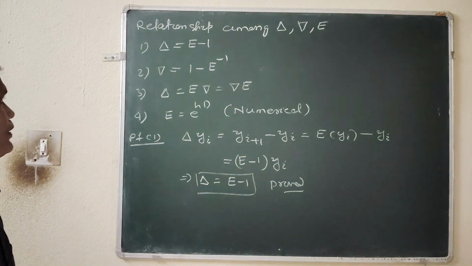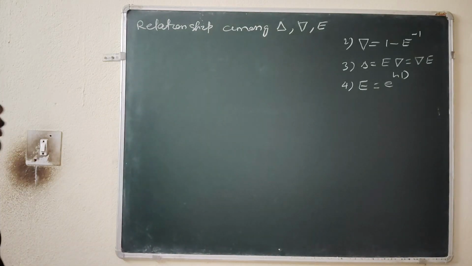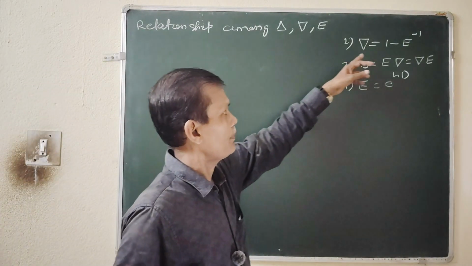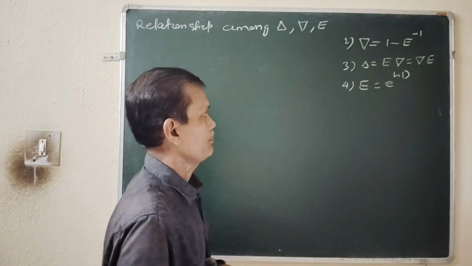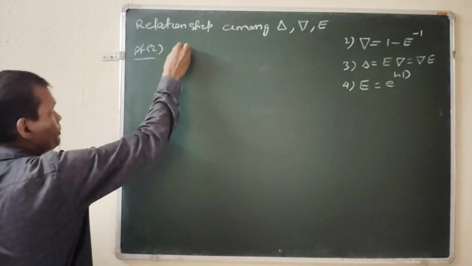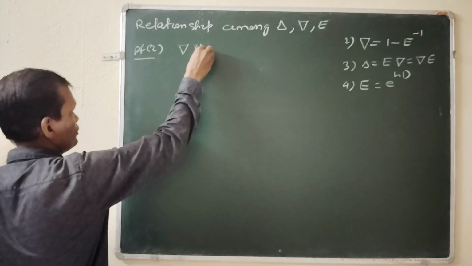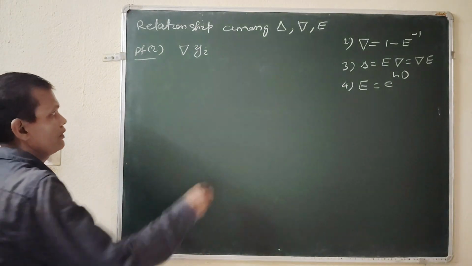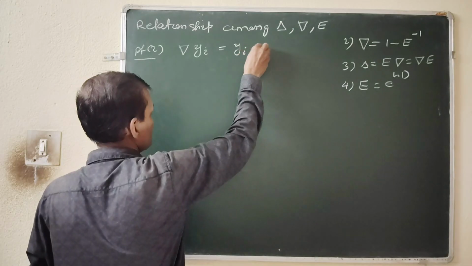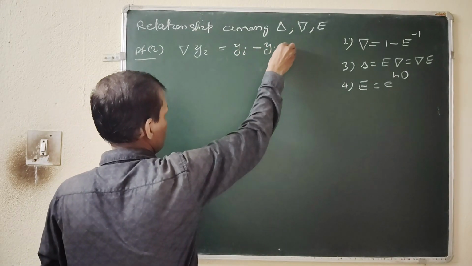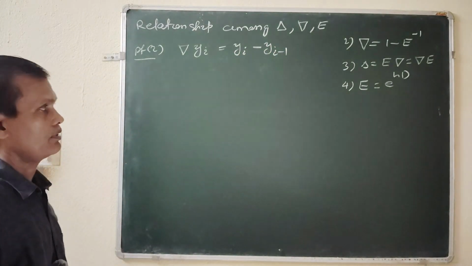Now we come to the second. We will prove the second relationship, between the backward delta operator and E. Backward delta operator on yi is yi minus yi minus 1. That is the definition of the backward operator.